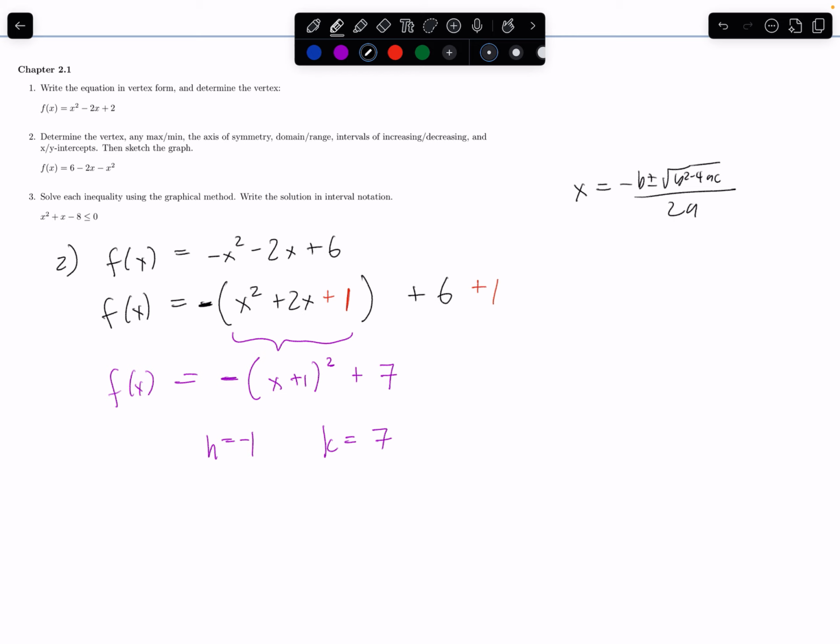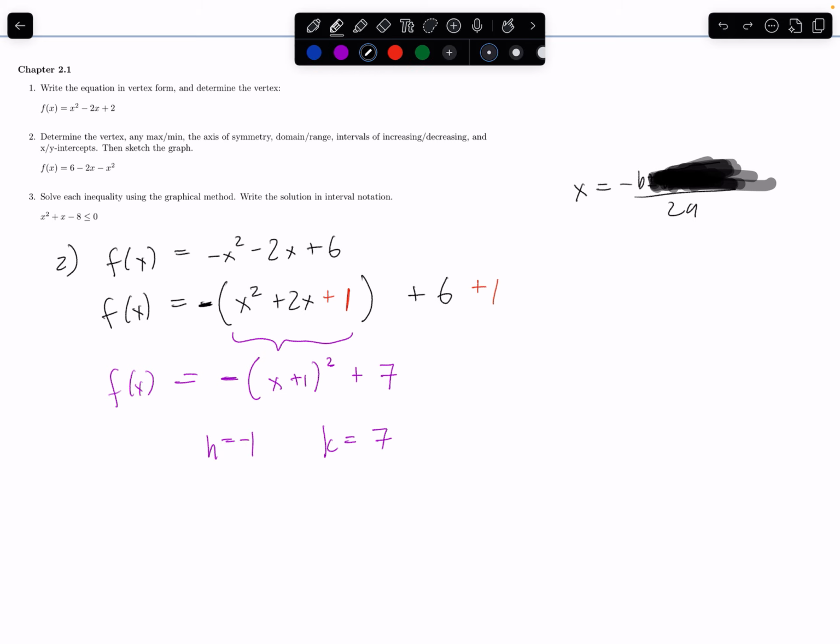Right, you remember all this, right? And then if you just forget about that square root portion, you get negative b over 2a, and that tells you your h coordinate, and you can plug that in to get your k coordinate.